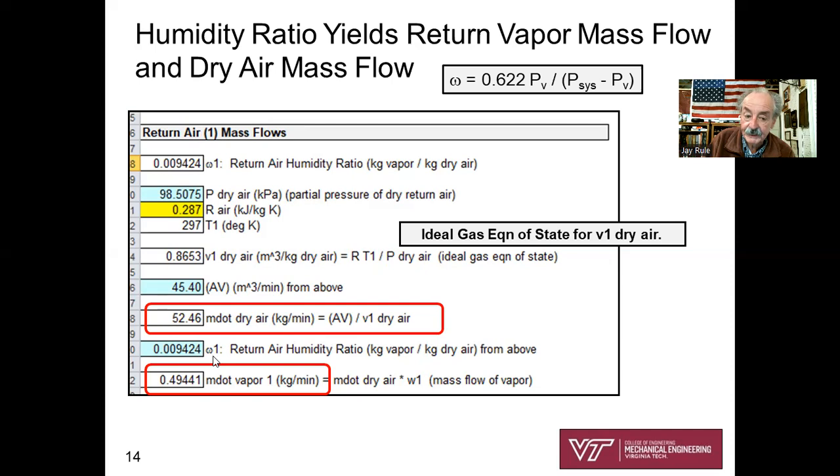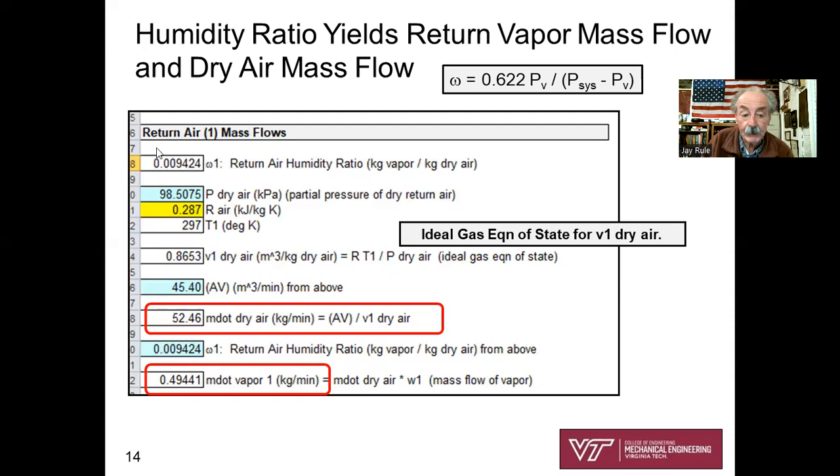We'll use the humidity ratio at state 1. How did we get the humidity ratio? It's going to be 0.622 times the PV1 divided by the quantity, P system minus PV, which I wrote down up here. P system minus PV is just the partial pressure of the dry air.